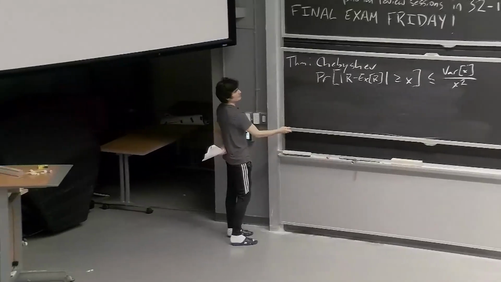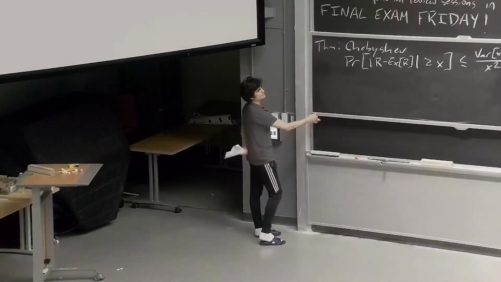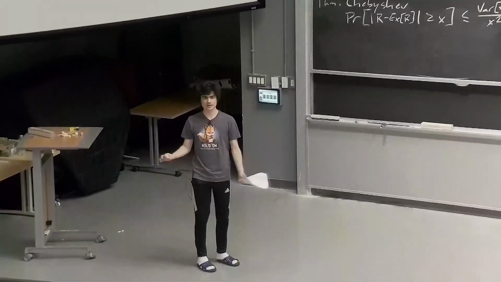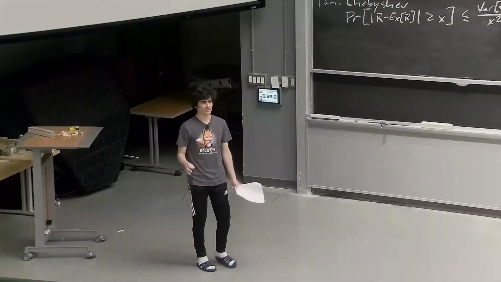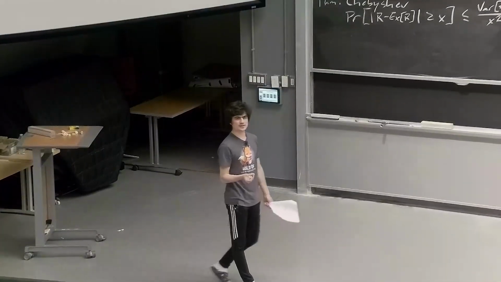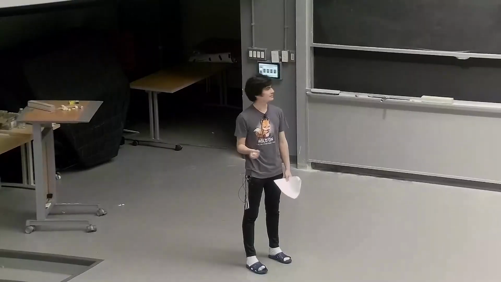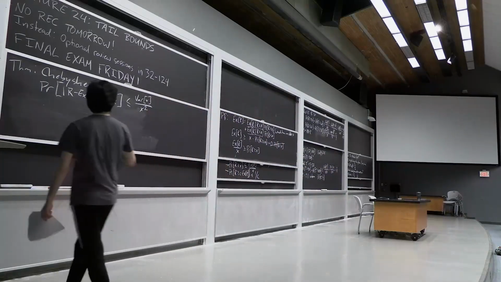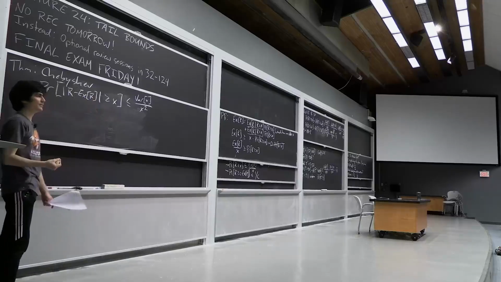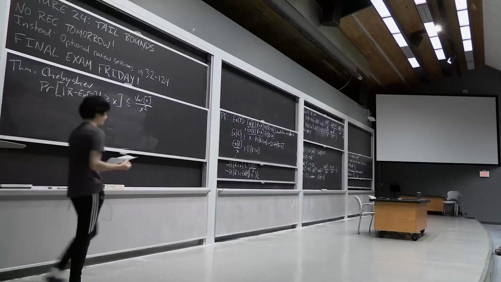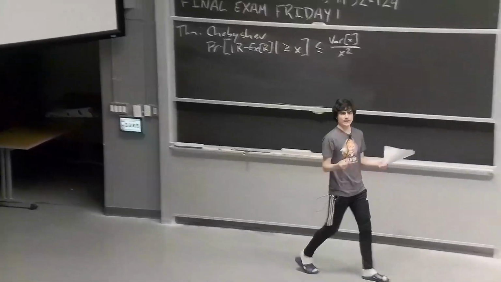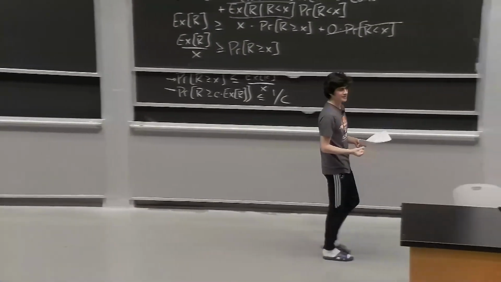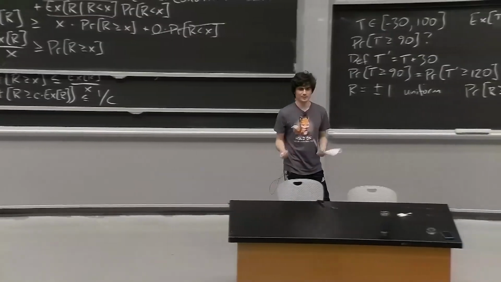Note that we no longer require non-negativity here. We just require information about the variance, and the mean, since we have to compute it relative to the mean. R can be any random variable. We're no longer constrained to non-negative ones.